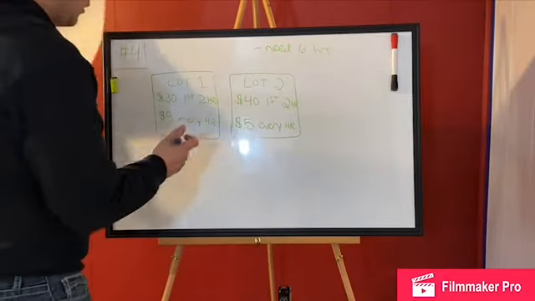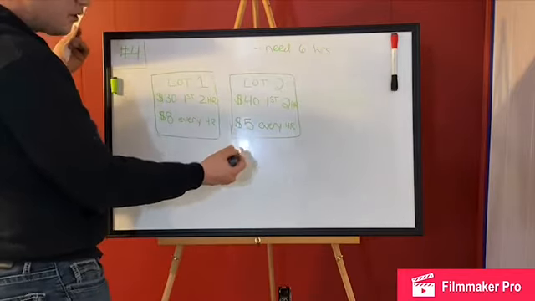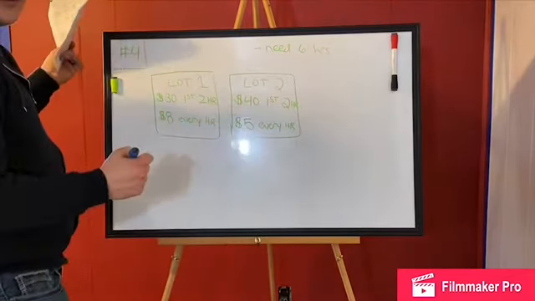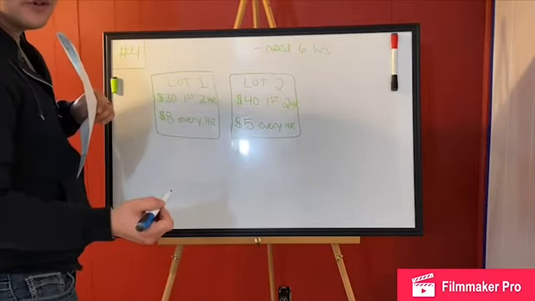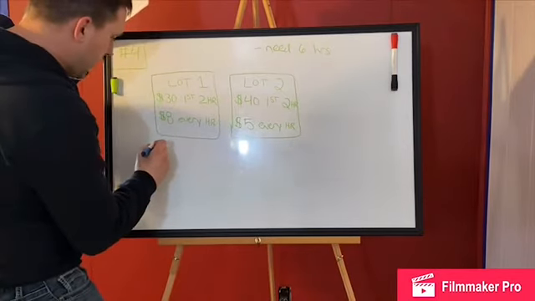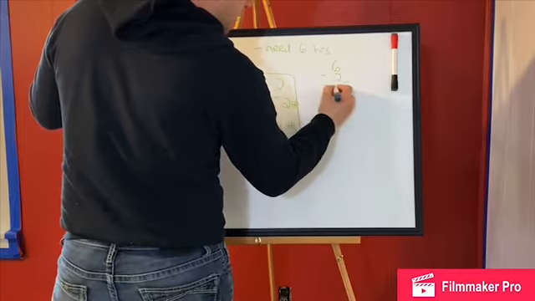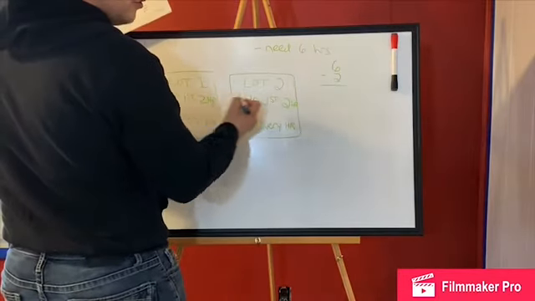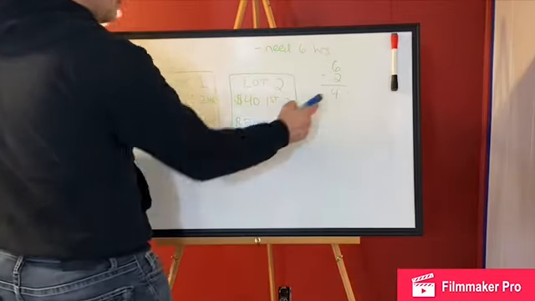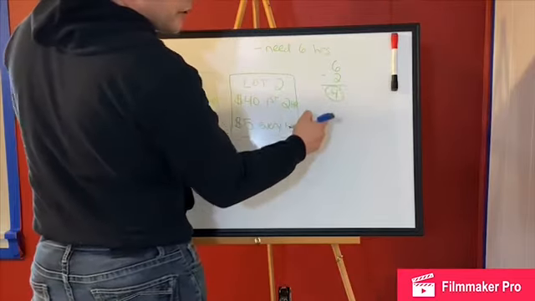Well, let's do the math here. So, if we know that we're looking for 6 hours and each lot already charges for the first 2 hours, we just have to do some simple subtraction to see how many hours we need to look for. So, we take 6 minus 2, because each one charges 2 hours for that first fee. So we need to find what each lot is charging for the last 4 hours, okay?